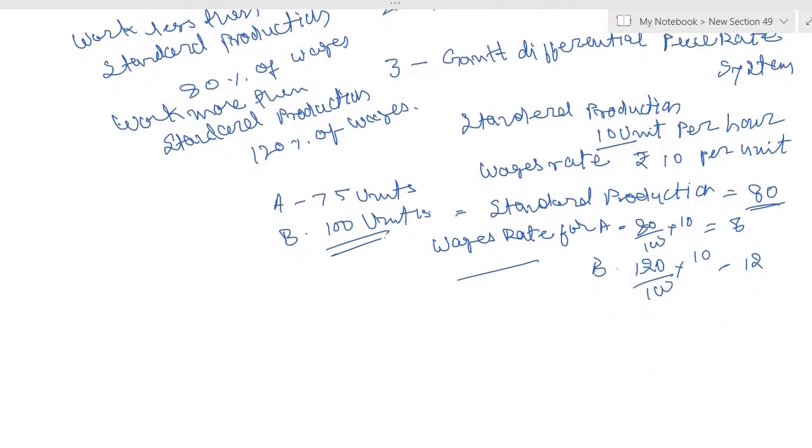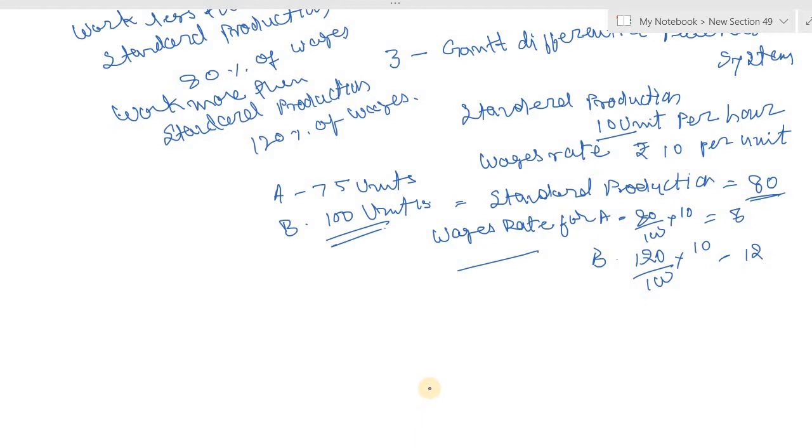Total remuneration for A is 75 units multiplied by 8, and for B, 100 units produced and per unit remuneration is 12. So it is 600 rupees for A and 1200 rupees for B.